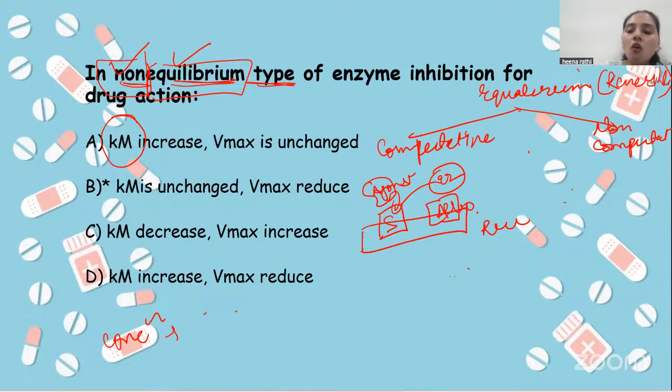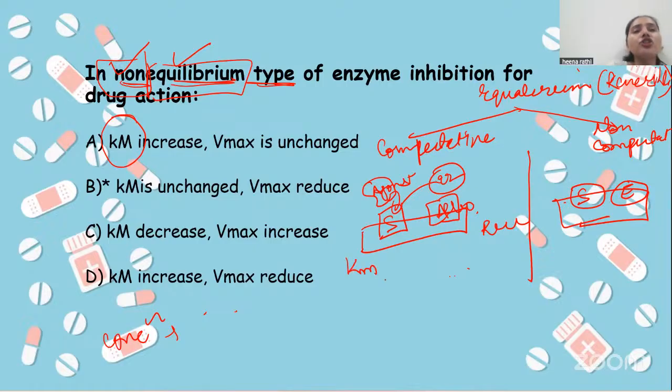Second is the non-competitive type. It means the substrate is going to bind on the substrate site, and the inhibitor binds on the allosteric site, affecting the enzymatic activity. In the competitive type, whenever there is competition for the binding, a higher concentration of the substrate will be required to attach to that binding surface of the receptor.